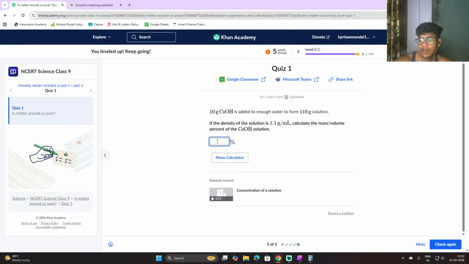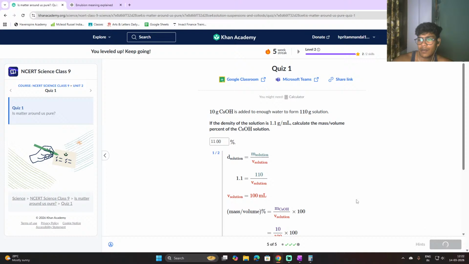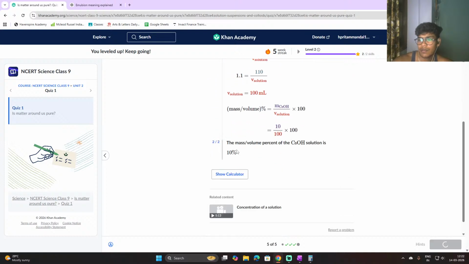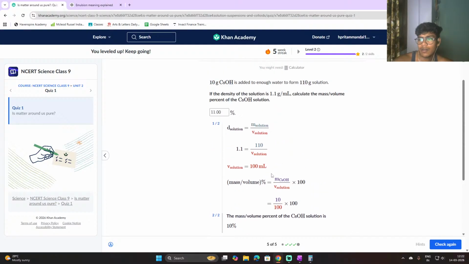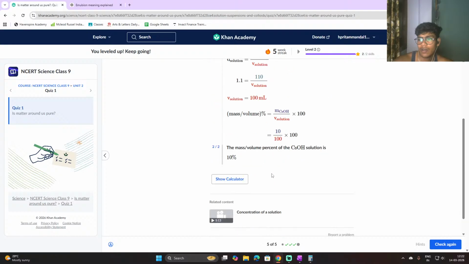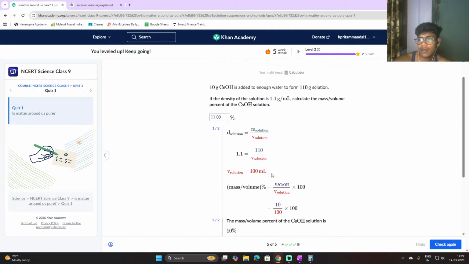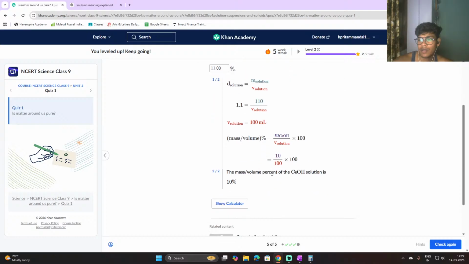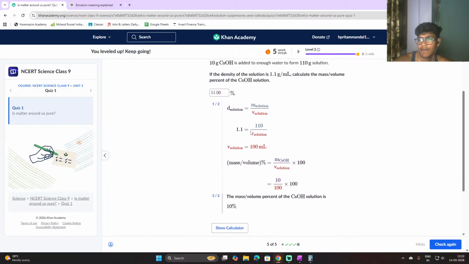So the answer is 11. There you go. Show the answer then. It says 10%, but when I use 10, you are saying that's wrong. How is it 10%? First they find out 1.1 equals 110. I did the same. The solution equals 110 by 1.1.